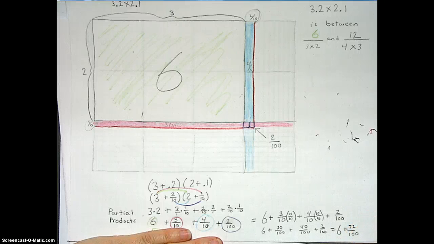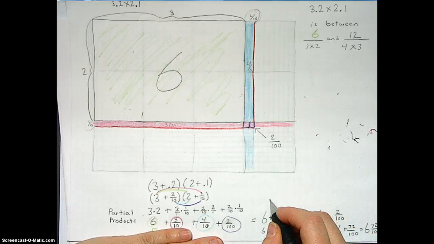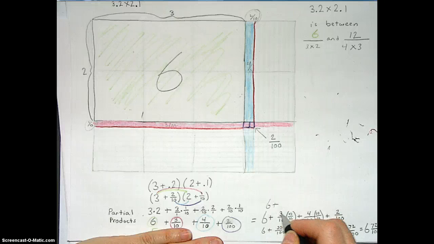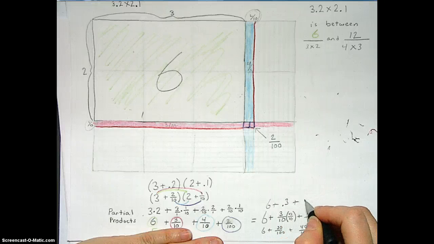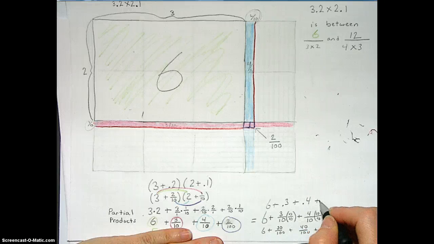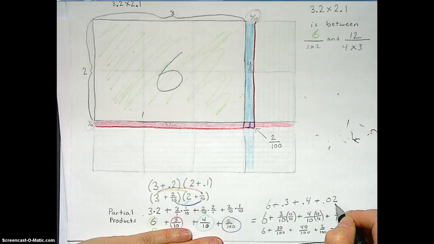We could also have done that just in the decimal form, which I'll go ahead and write above. 6 and 72 100ths to be the proper mixed number, but we're actually doing a decimal problem, so I'm going to go ahead and do the decimal form. 6 plus 3/10 would have been the 0.3, plus 4/10 would have been a 0.4, plus 2/100.